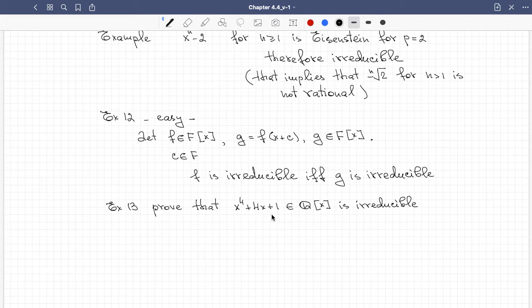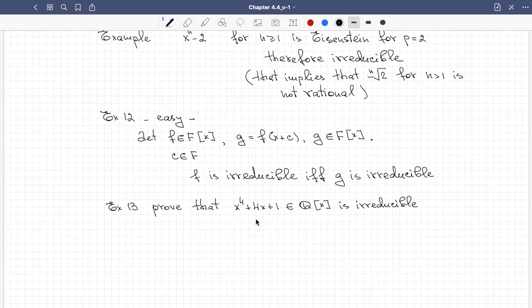What you can do here, of course, it is possible, because 4 is not that big, it is possible to do it in a straightforward way. I just want to show you how to do that with the Eisenstein criterion. You use the previous exercise. By the way, we are going to prove that this polynomial is irreducible. The polynomial itself, in the first place, is not an Eisenstein polynomial.